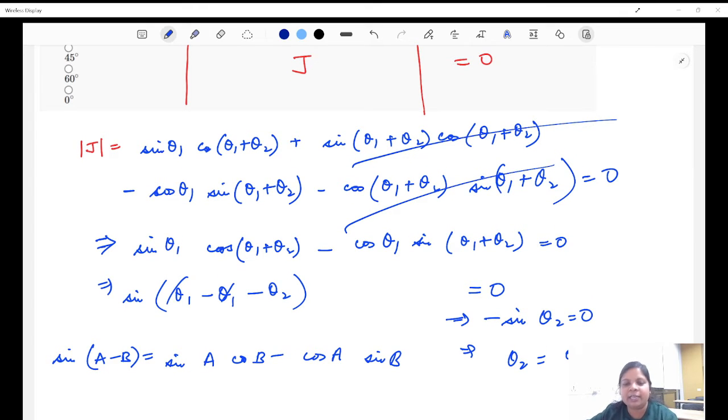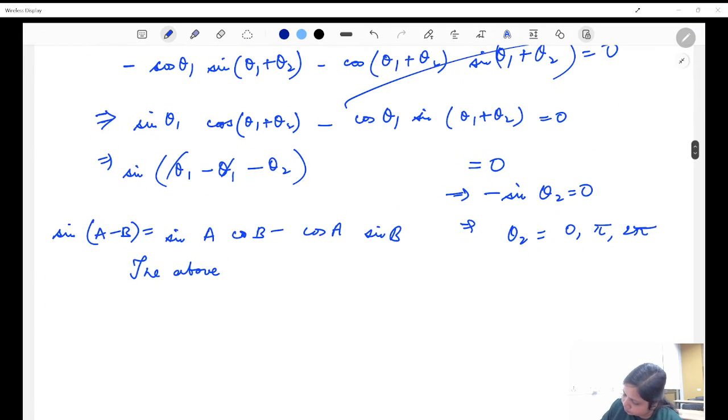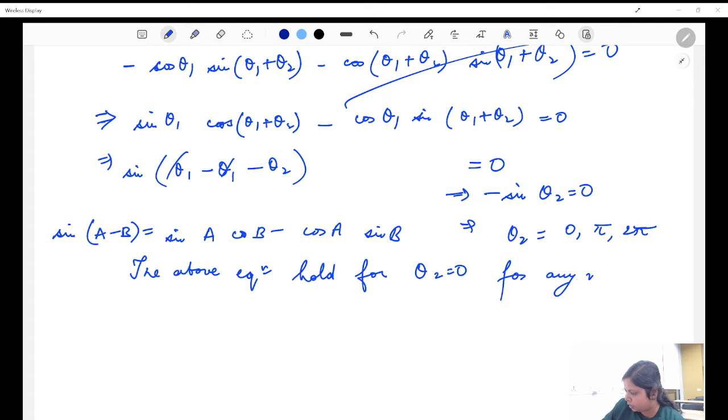We don't really care what the value of theta 1 is. Just theta 2 should have these values. So we can conclude that the above equation which we already solved holds for theta 2 equal to 0 for any value of theta 1. Okay, I hope this is clear.